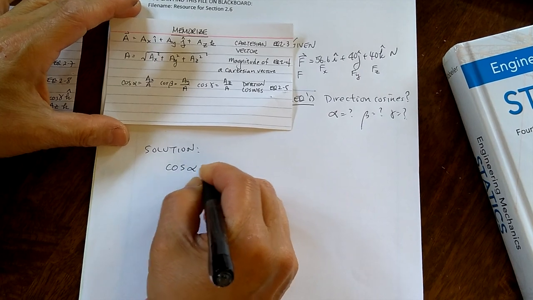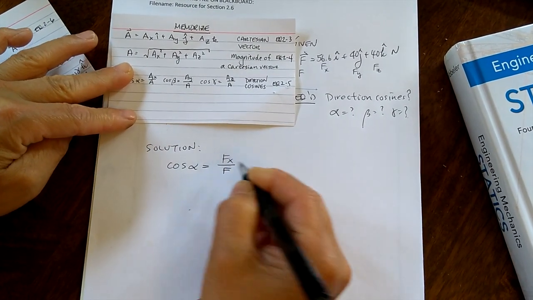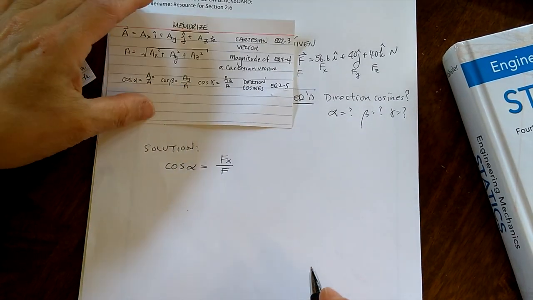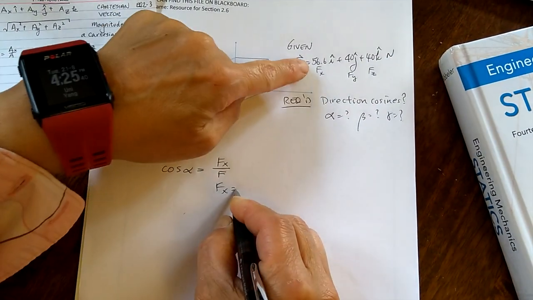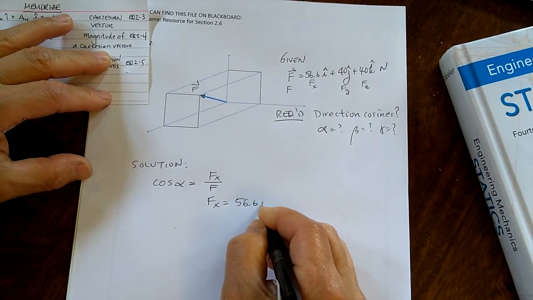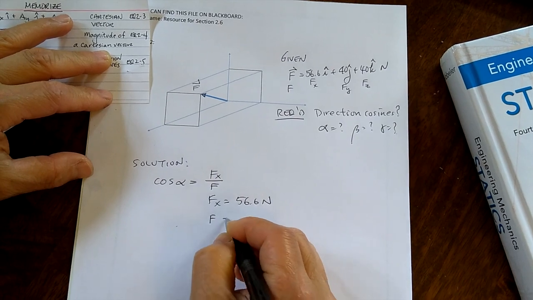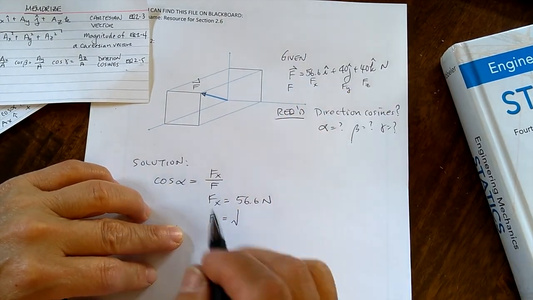So the solution then becomes cosine alpha is equal to Fx over F. And let's see, Fx was equal to 56.6. That's given to us. We now need to find F, which is just the magnitude of that force.